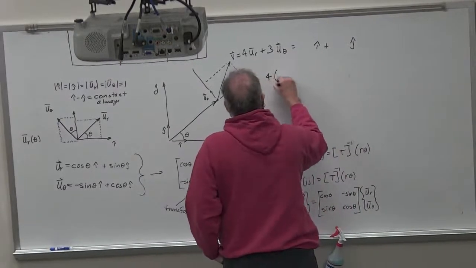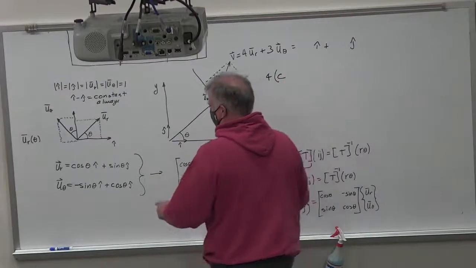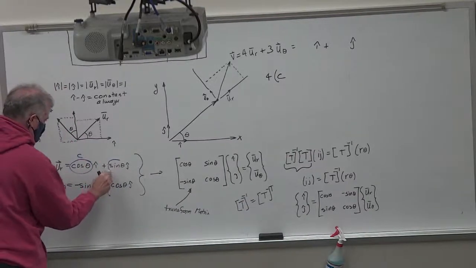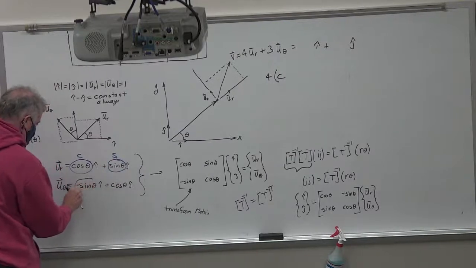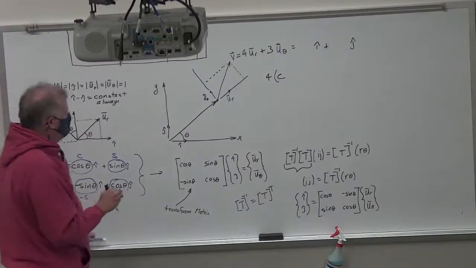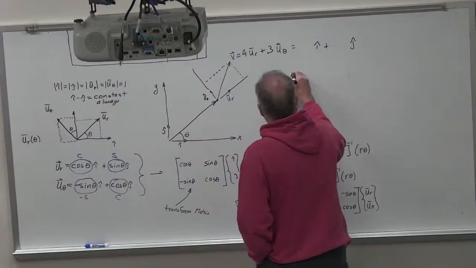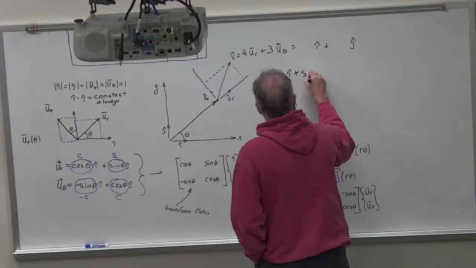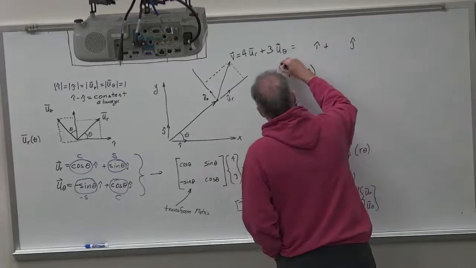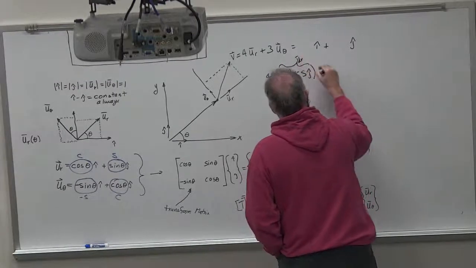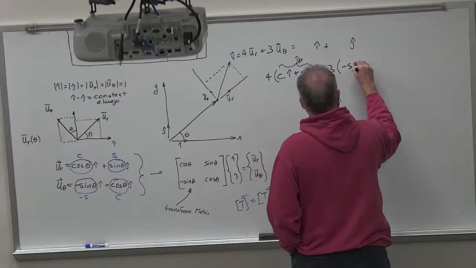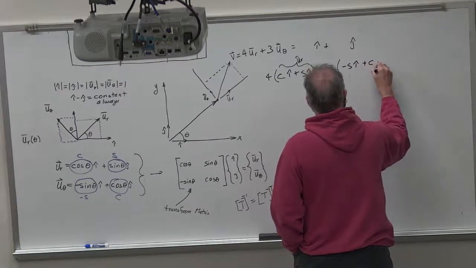Say 4 times, and I'm going to cheat now and say everywhere I see a cosine, I'll put a C, and everywhere I see a sine, I'll put S. This will be minus S, and this will be C. So, C i plus S j, times 4, that's UR, plus 3 times sine i plus cosine j.